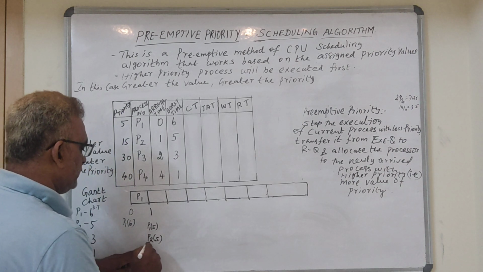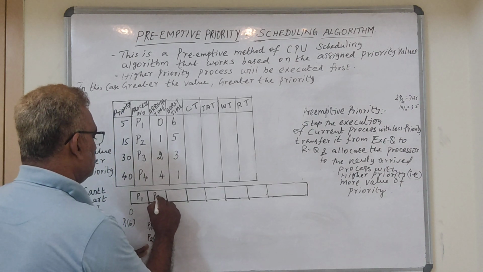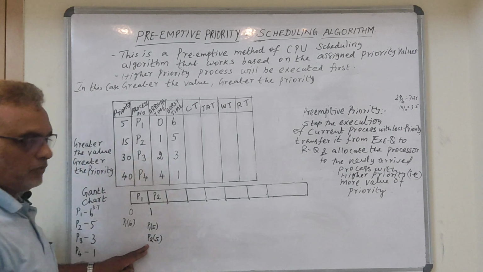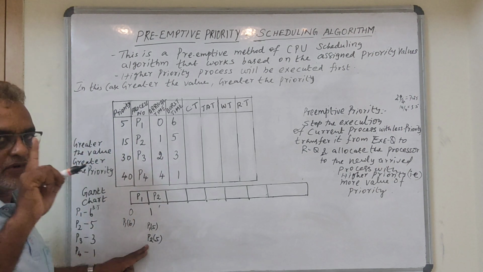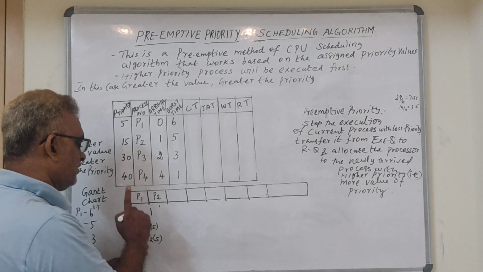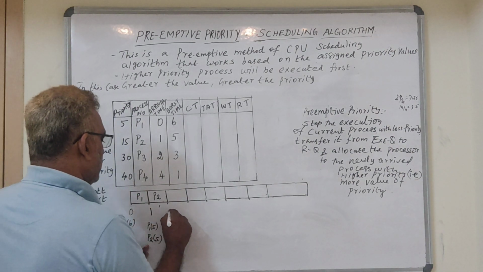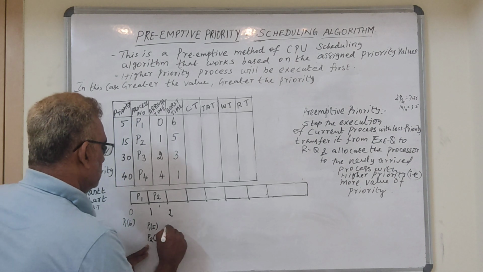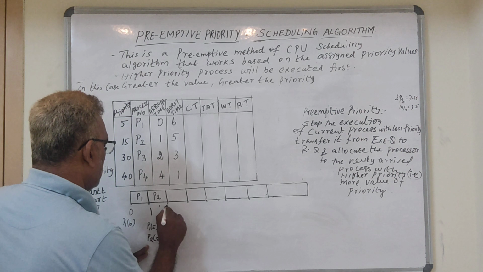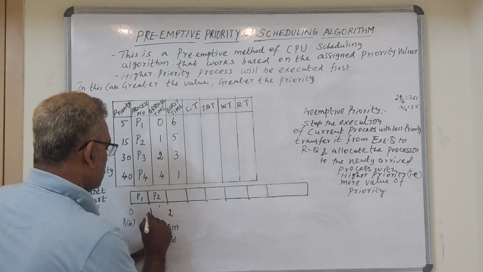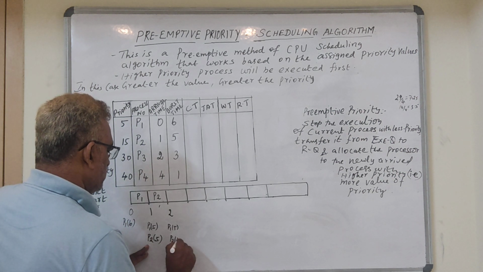P2 has the higher priority, so automatically P2 will be loaded into the processor and executed for another 1 millisecond. At time 2, P1 has 5 and P2, having completed 1 millisecond of its execution, becomes 4.